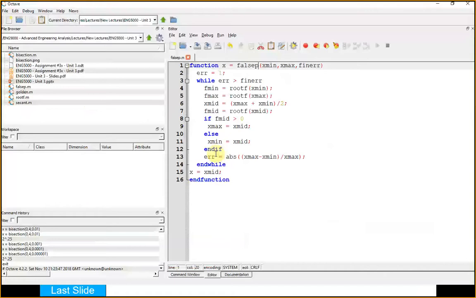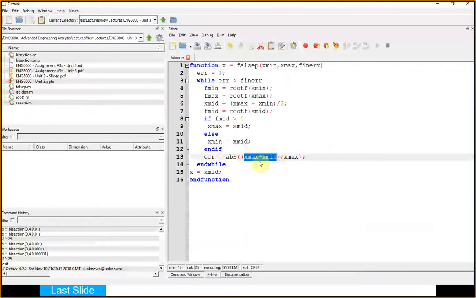Well, yes, it's different, but this is still the bisection. The point is we still do have an error test. Right? The error test is here. Okay, the absolute value of the range. That's fine.